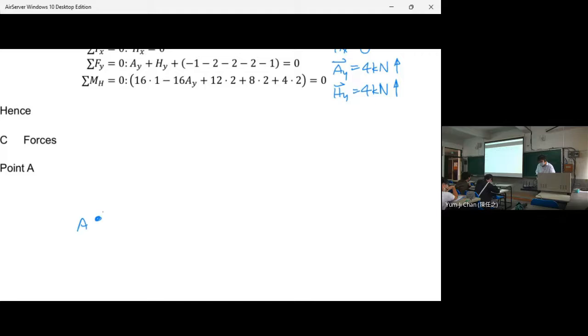That is AB and AC. So we have TAB and TAC.